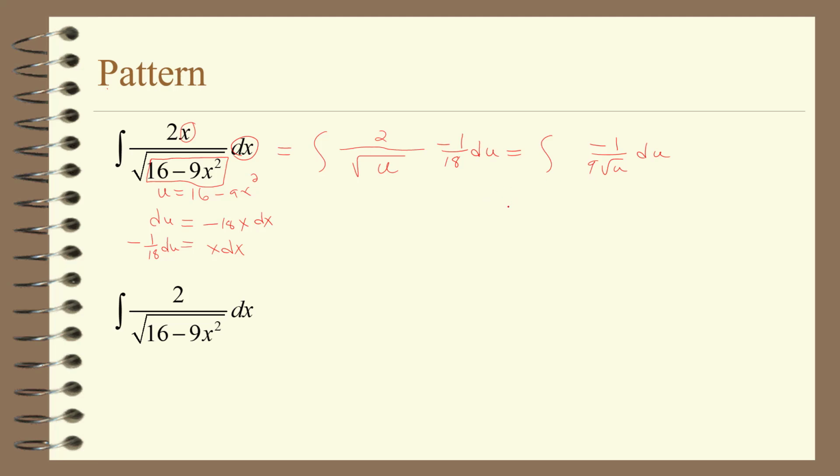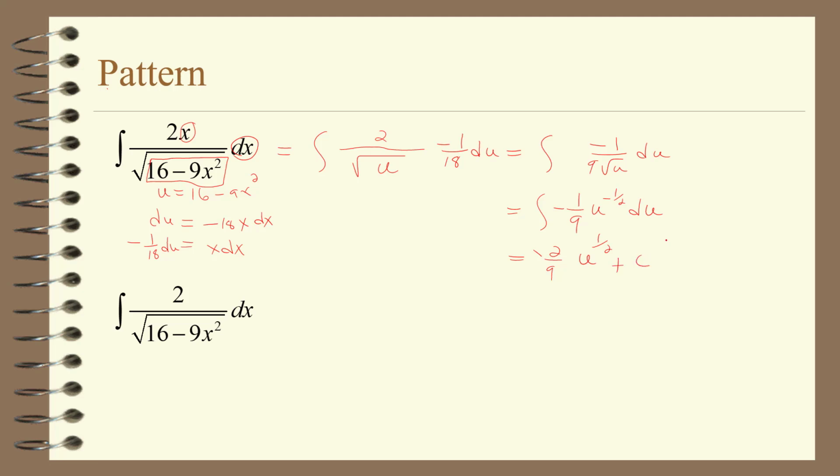Now that integral is pretty easy to do because I can rewrite this square root as u to the 1/2 and bring it up into the numerator, changing the power from positive to negative to get u to the negative 1/2 du. And then we take the u, we increase the power, and we multiply by the reciprocal of that power to get the answer.